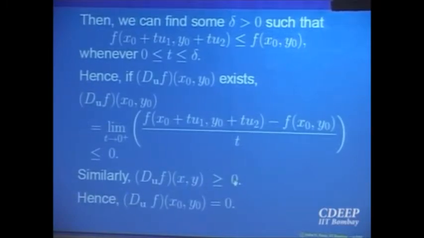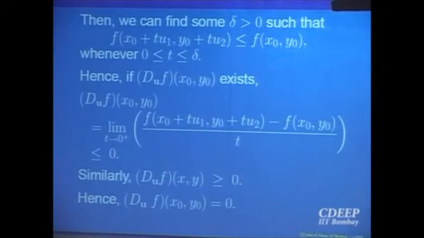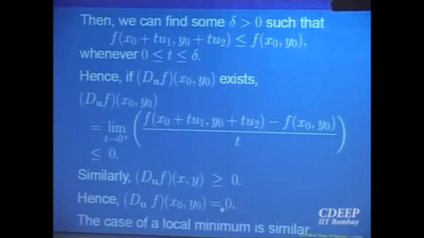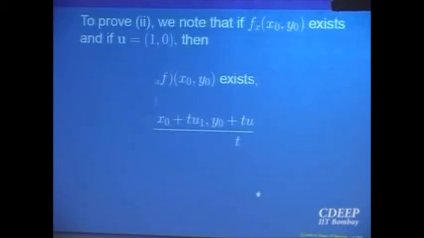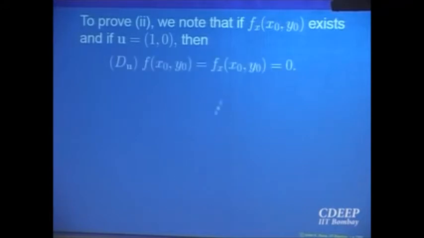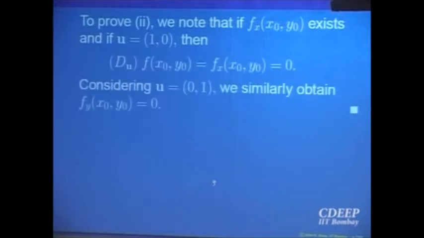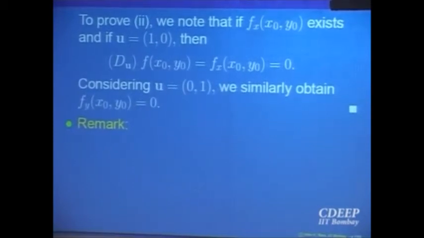So those two put together tell you the directional derivative in any direction at that point must be equal to 0. As a particular case, if you look at (1, 0) and (0, 1), that will give you that the partial derivatives are also equal to 0. So this is a very useful criterion for checking when a function can have a local maximum or local minimum at a point.